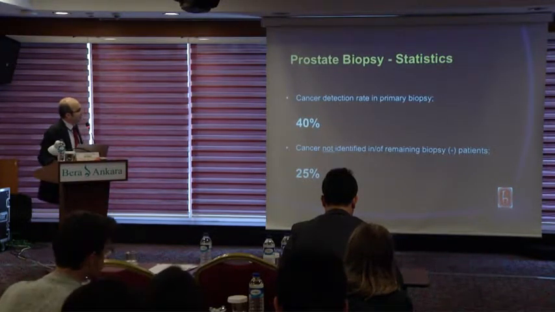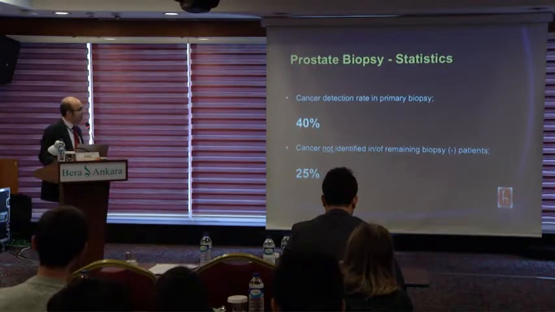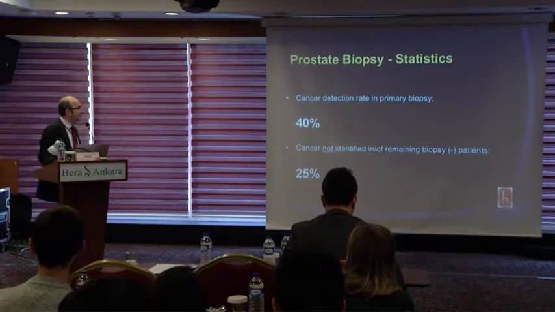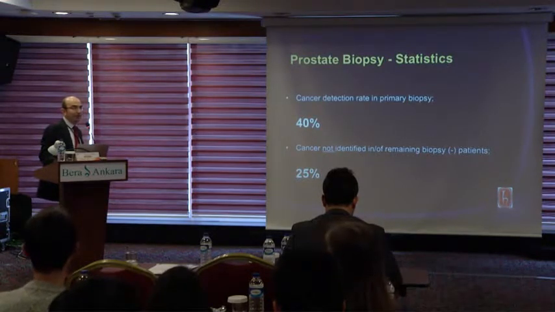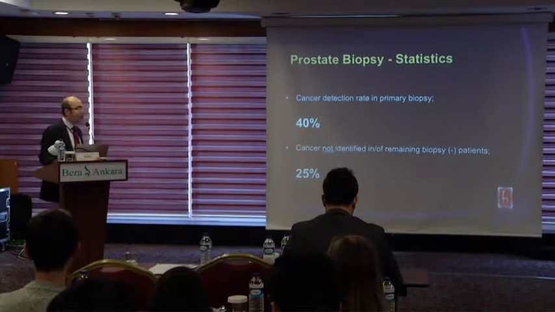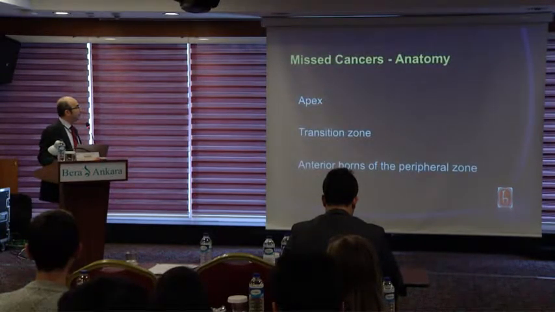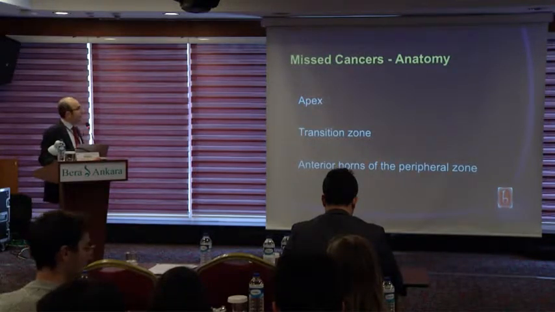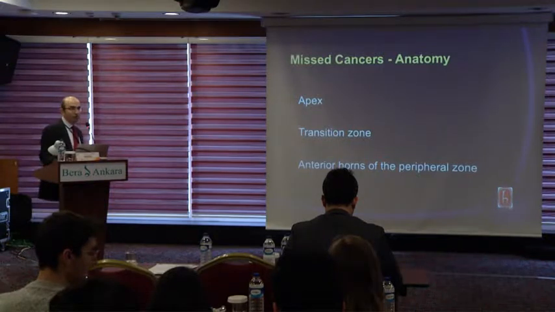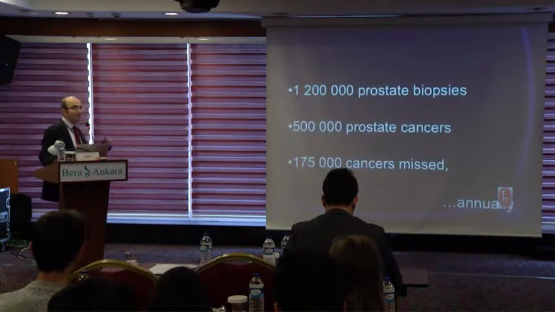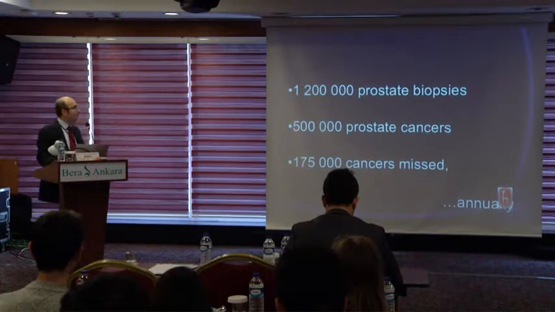The cancer detection rate in primary biopsies is about 35 or 40%, whereas the cancer not identified in the remaining 60% of the patients is about 25%. So when we think about the locations of these cancers, the missed cancers are usually in apex, transition zone, and anterior horns of the peripheral zone. It's possible to evaluate these regions on MRI.